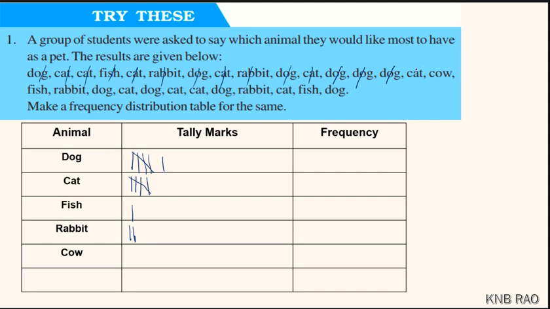then cat sixth fellow, cow first fellow, fish second fellow.